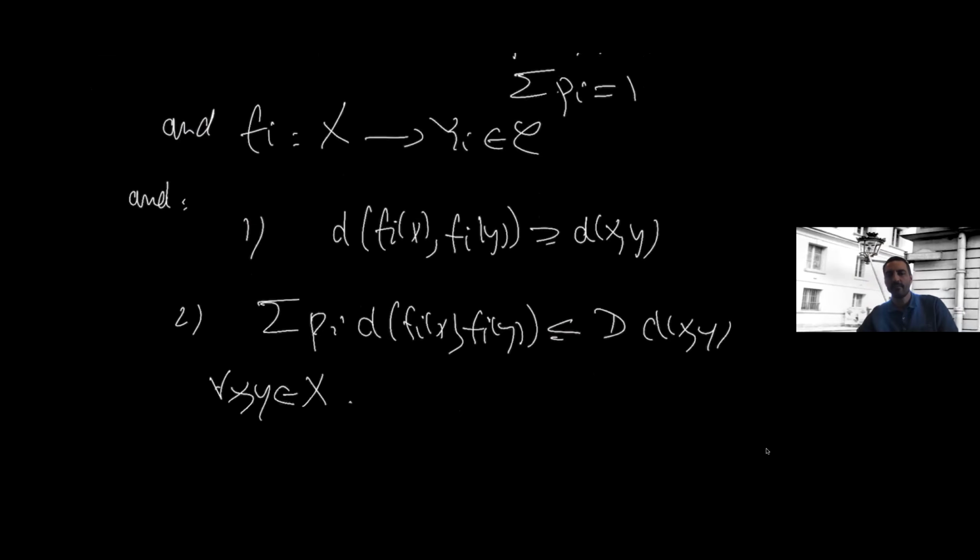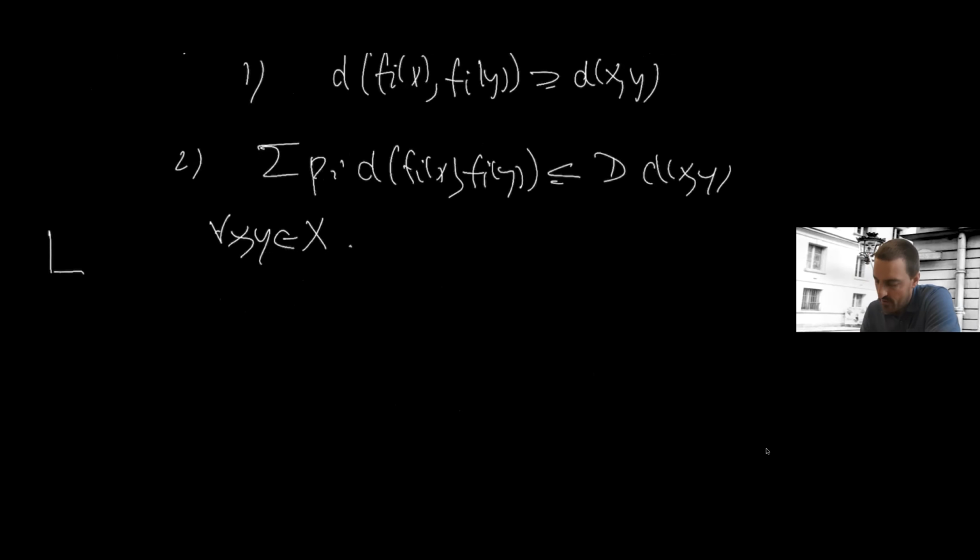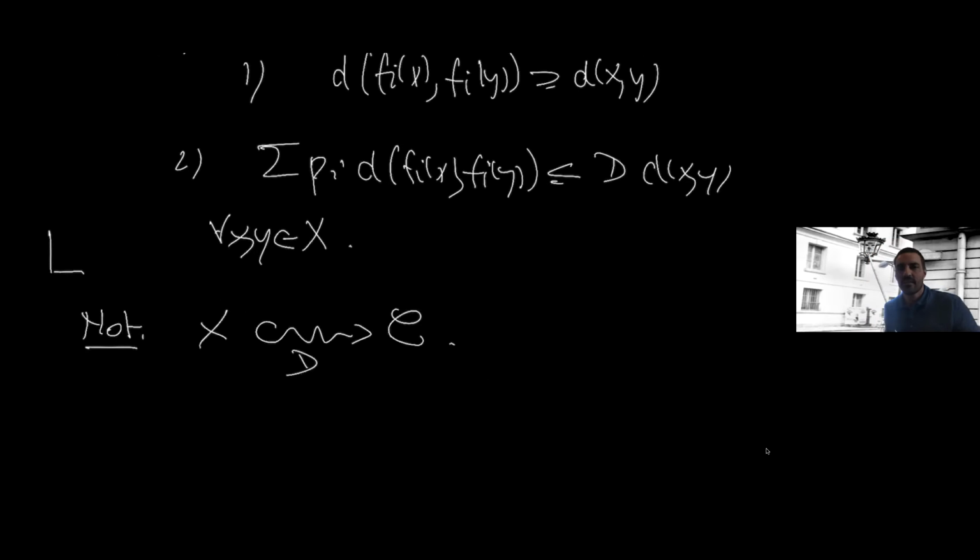All right? So I'm going to use the following notation: X D-embeds into C. I'm going to use this short and compact notation.